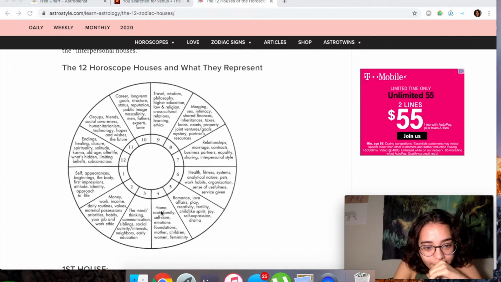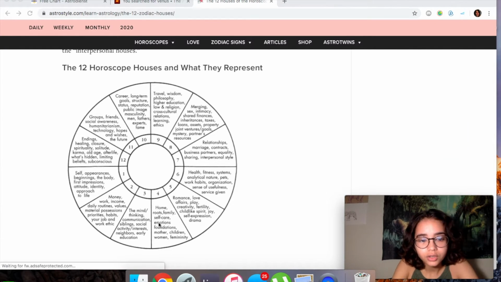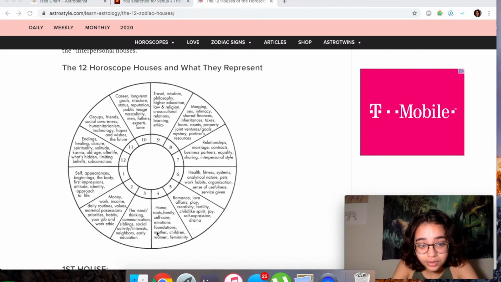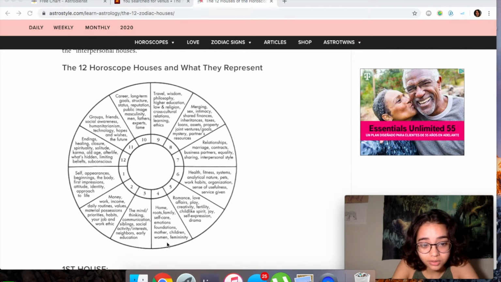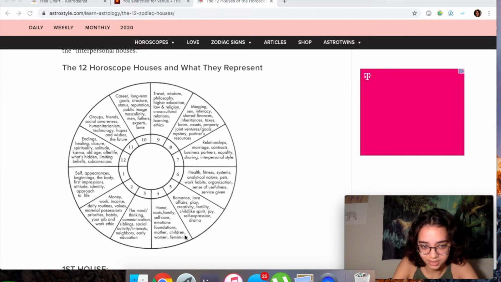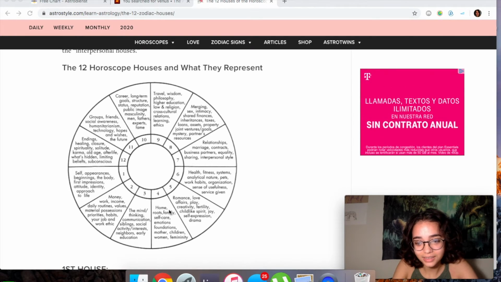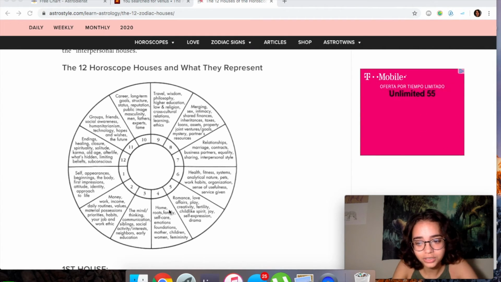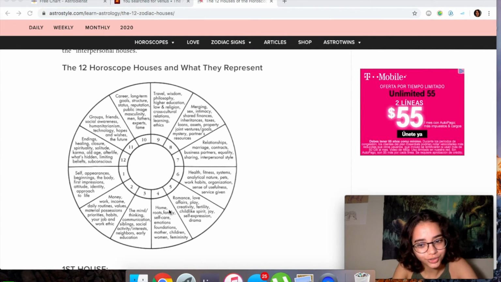Okay, so the fourth house rules home, your roots, ancestry, also family, self-care, emotions, foundations, mother, children, woman, femininity. The fourth sign is Cancer. The moon rules Cancer, feminine energy, home, nurture.